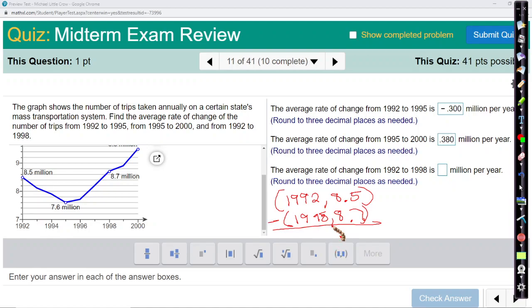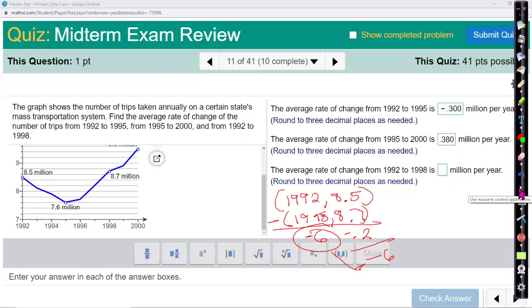92 minus 98, that's going to be a -6. And then 8.5 minus 8.7 is going to be a -0.2. And then again, we take the x, tuck it underneath the y. So -0.2 divided by -6 is going to be a positive point something.